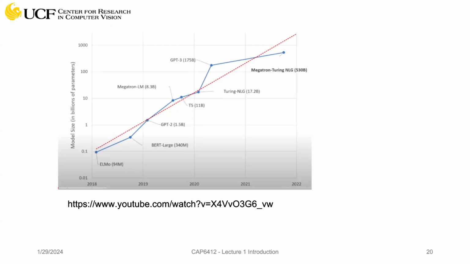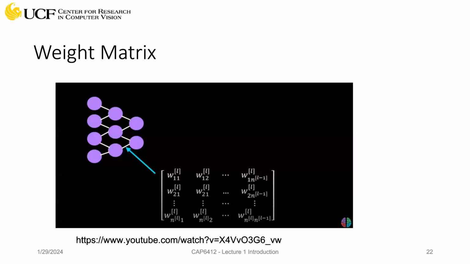So that's where low rank adaptation comes in. If you look at any neural network, basically you can represent the weight matrix. When you fine tune, basically you update the weights, right?